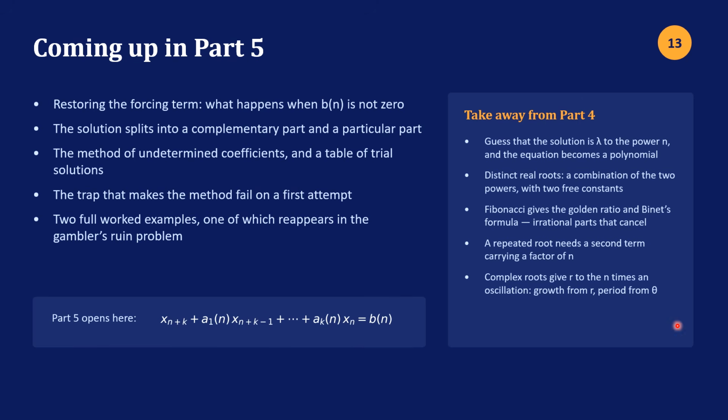So, quick summary of this lesson. We use this technique of guessing the solution was lambda to the n, and then working through the algebra, solving, in our case, the quadratic equation. We have 3 cases: distinct roots, repeated roots, and complex roots.